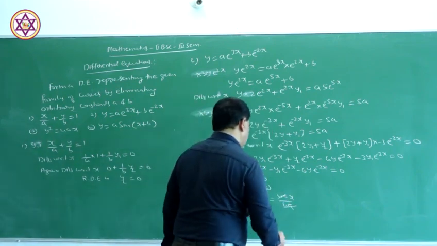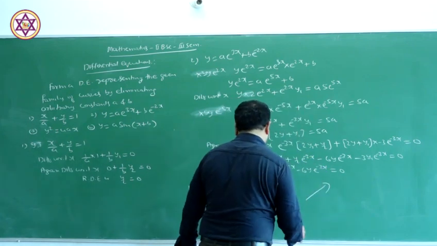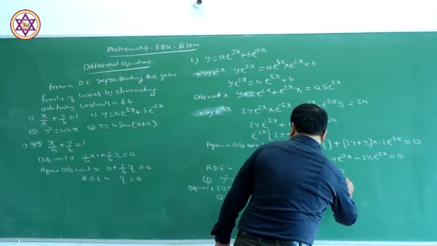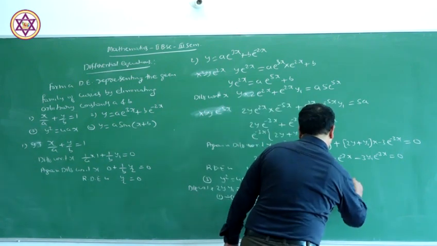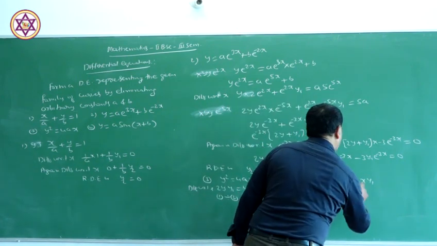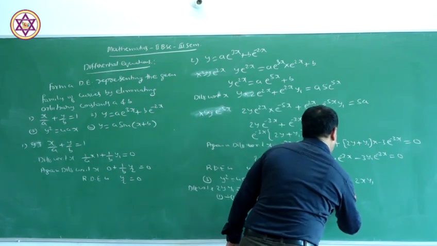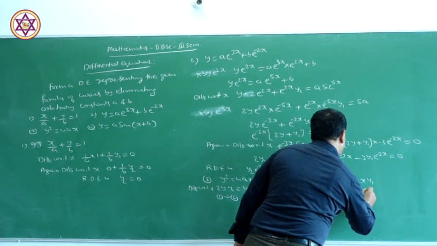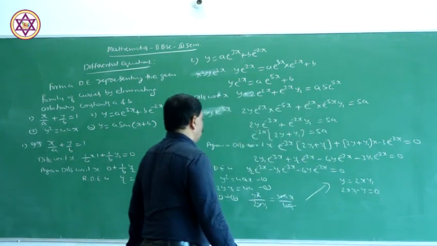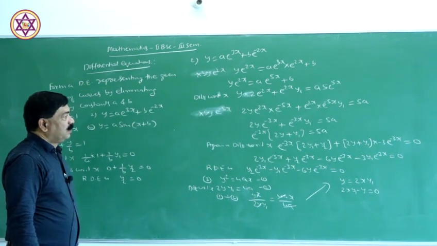So here we get y is equal to 2x y1. Therefore, 2x y1 minus y is equal to 0. This is the required differential equation.